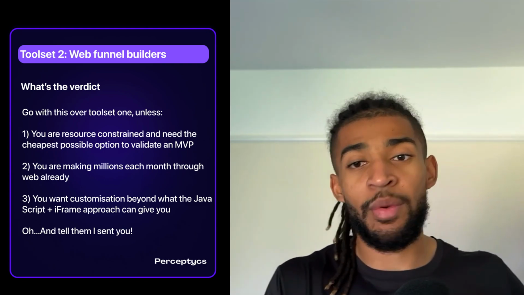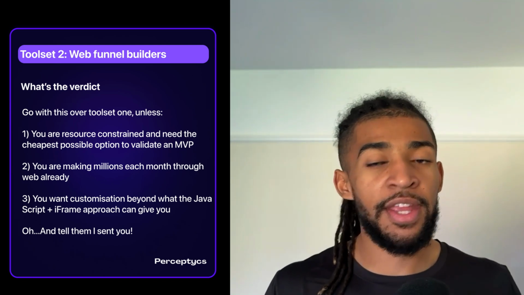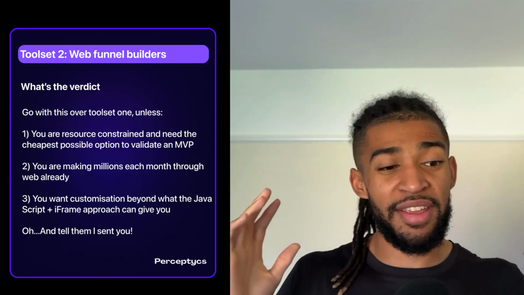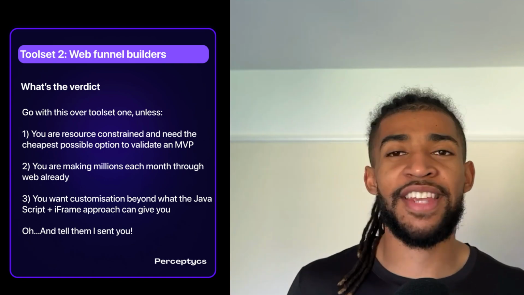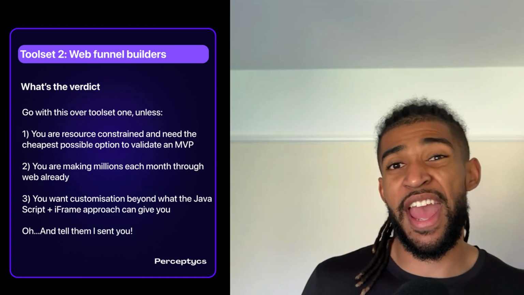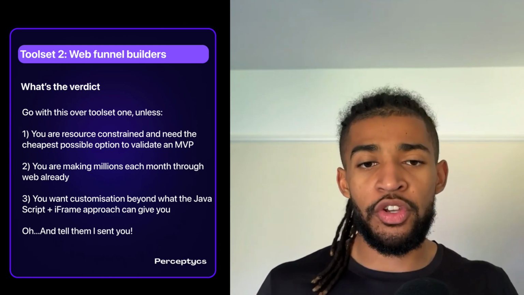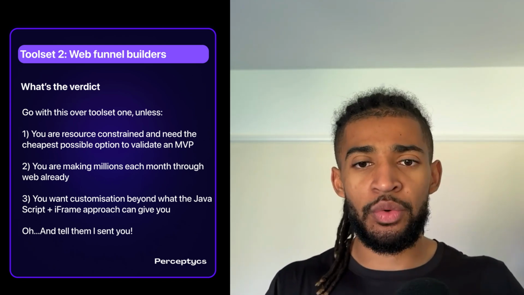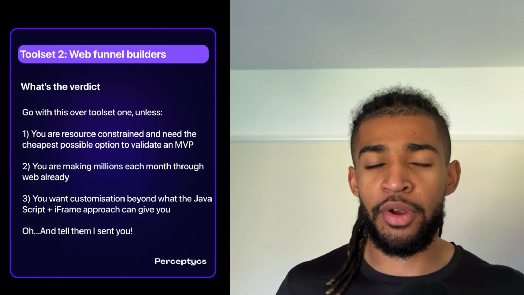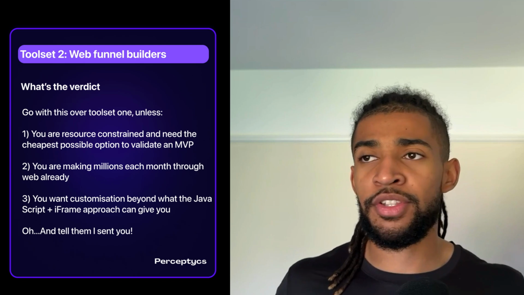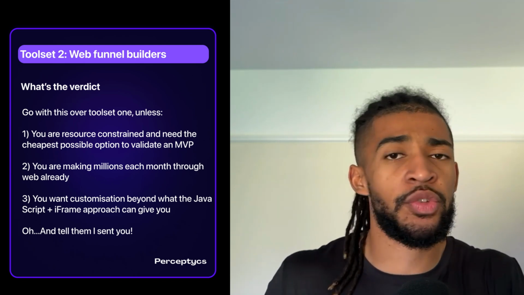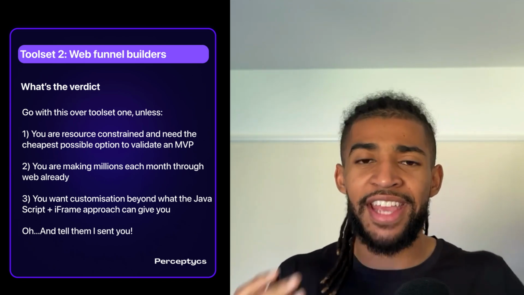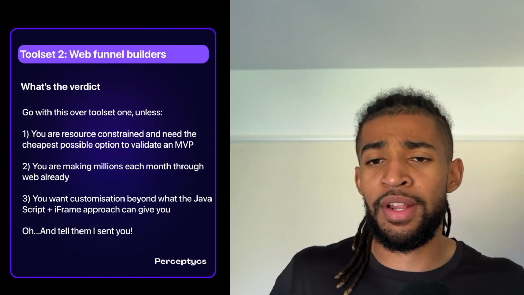So let's wrap up this toolset. Assuming you start with Toolset 1, you've proved out your MVP, you've got a web funnel going, you're like, yep, this works, I want to do more. Let's say you're making 20 to 30K MRR on web. You have two choices. Either keep juicing that toolset. If it works for you and you have a process and you have a backlog of experiments to run, keep juicing it. You don't need to switch to a tool if you can just keep doing it and keep it cheap and run experiments quickly.